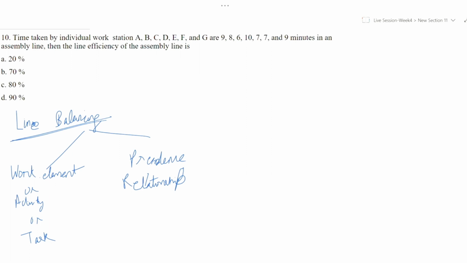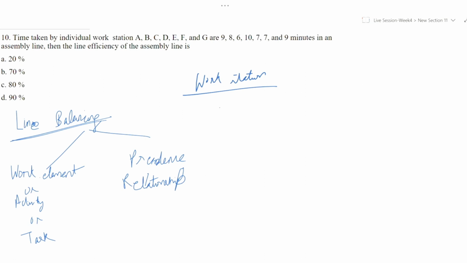Now we'll understand what is a workstation. A workstation is the location in the assembly line where a group of tasks or work elements are performed.